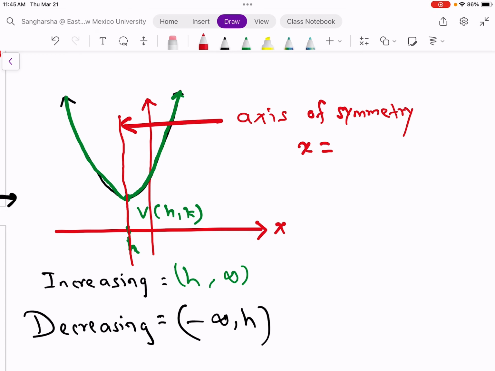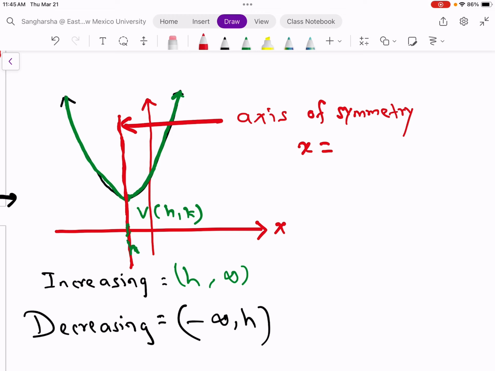So for this vertical line, what is the x-intercept? We know this point is h. The x-intercept is the point where a line crosses the x-axis. At what point does the line cross the x-axis? At h. So x equals h is the axis of symmetry.